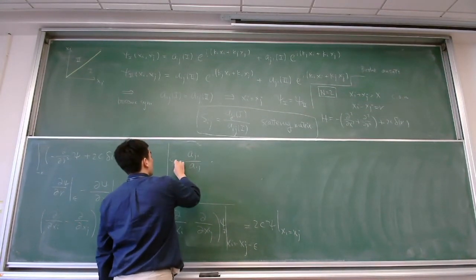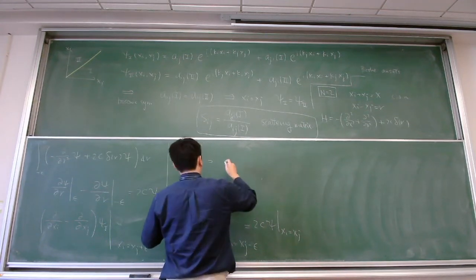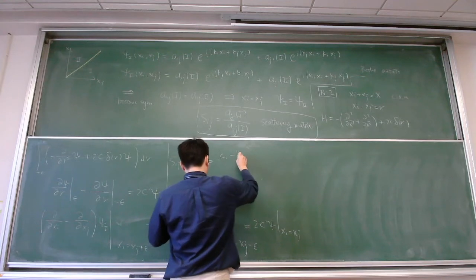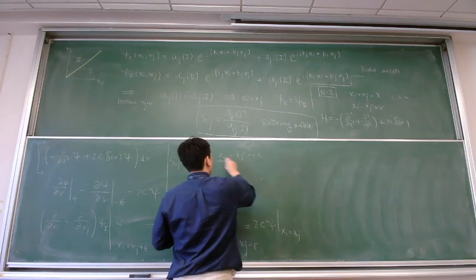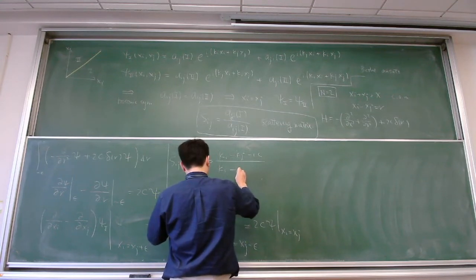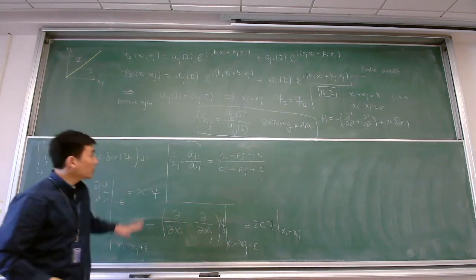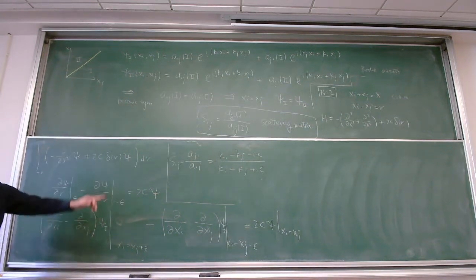So this is Sij, and this is equal to (Ki minus Kj minus ic) divided by (Ki minus Kj plus ic). You just plug the Bethe ansatz into here and you can obtain the scattering matrix.